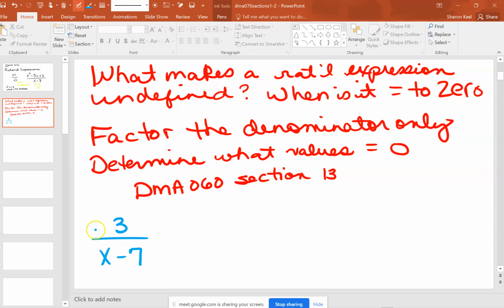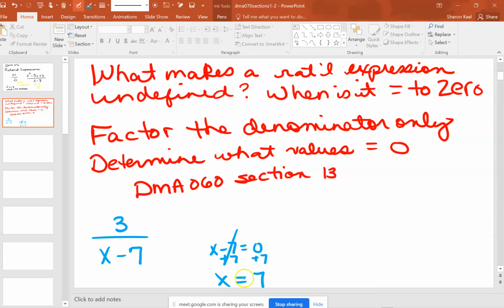What value would make this undefined? If I took x minus 7 and set it equal to 0, I would move the 7 over and x would be a 7. So this value 7 is what would make that undefined. An answer could be all real numbers except when x is a 7.